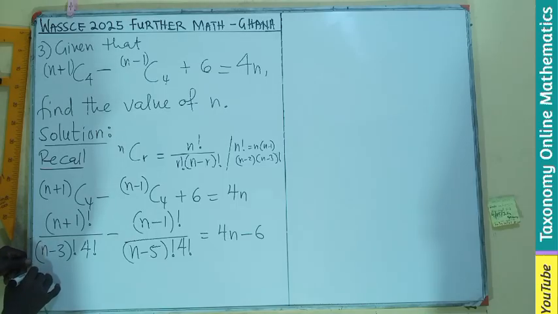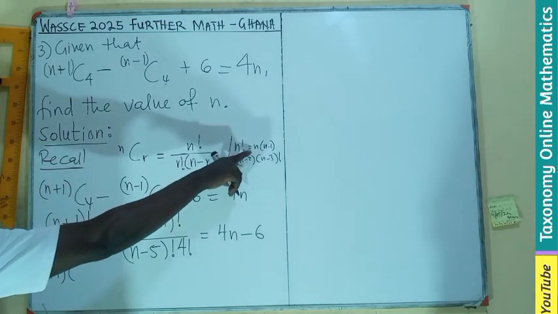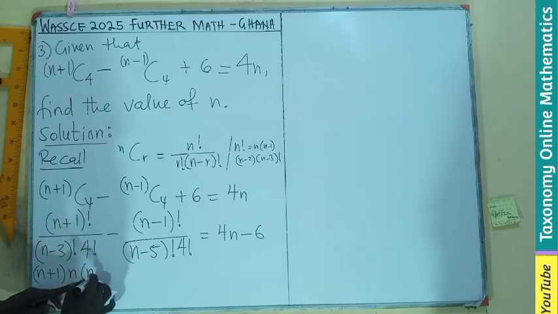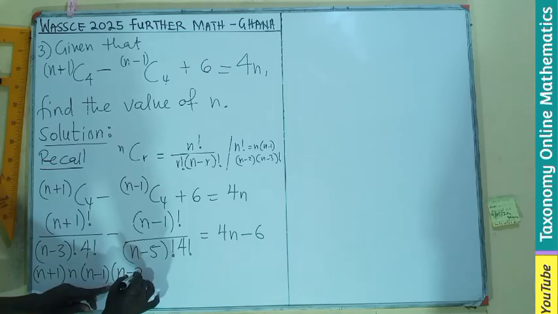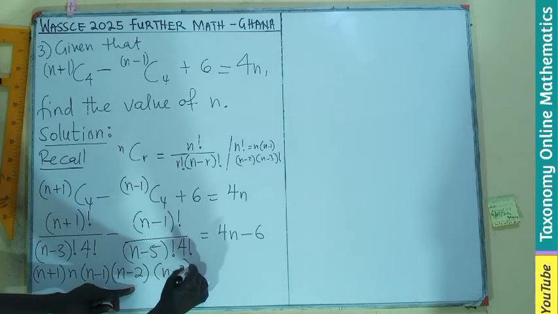First, n plus 1 is the first term. We subtract 1 from this and it gives only n. Then subtract 1 again to get n minus 1, again n minus 2, and n minus 3.